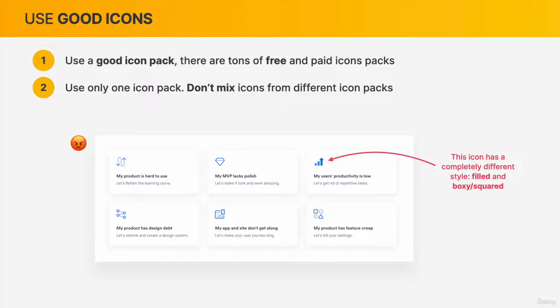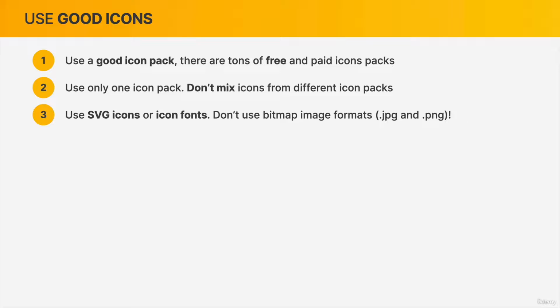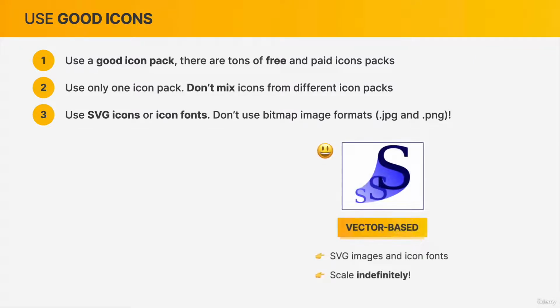Now, next up, you should only use icons that are in the SVG format or something called icon fonts. And that's important because these type of icons are so-called vector-based, which means that we can scale them indefinitely without them getting pixelated. So they will not get unsharp no matter how big we make the icons.